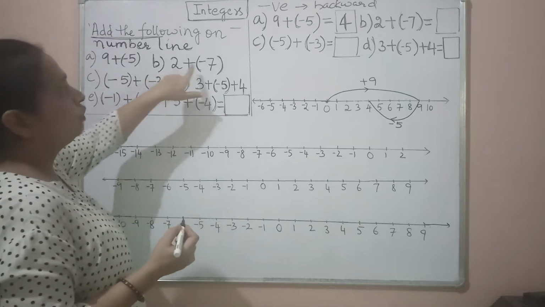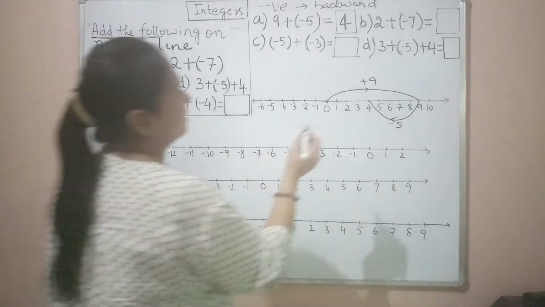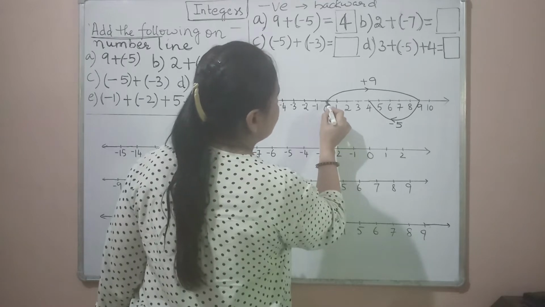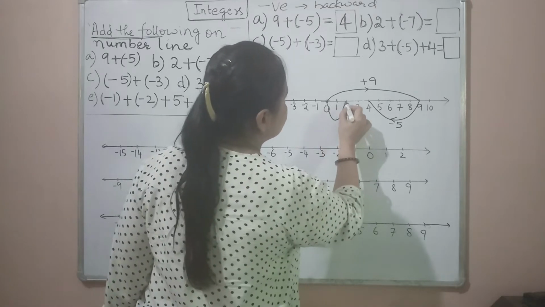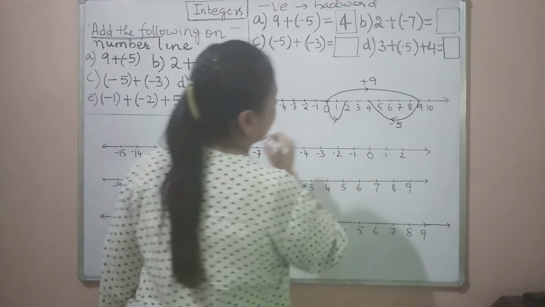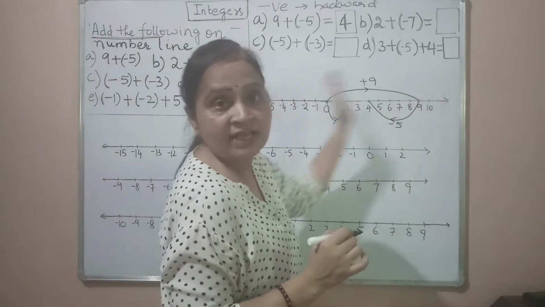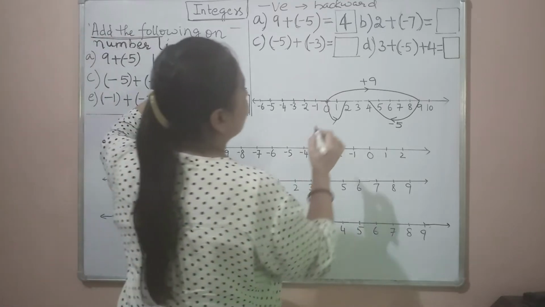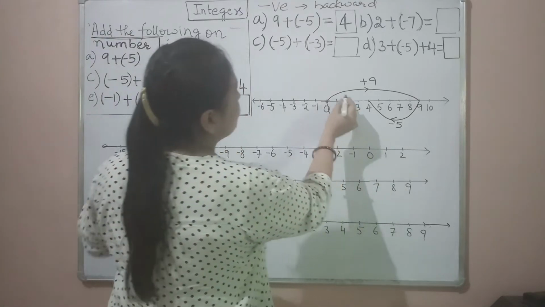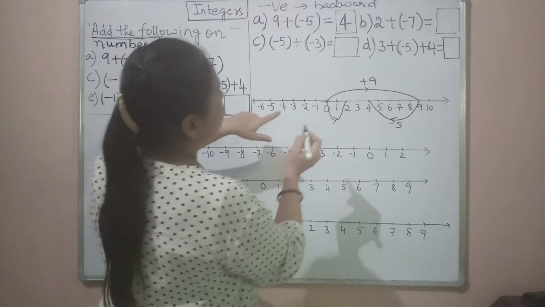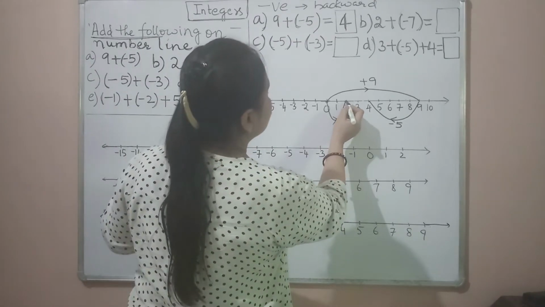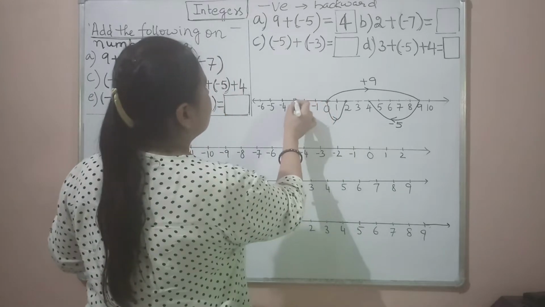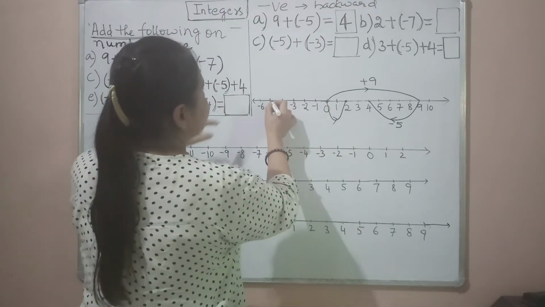Now the same number line can be used for our second question also. Second is 2 plus minus 7. Now 2 means we have to go forward in this direction, plus 2, and then we have minus 7. Minus 7 means we have to move 7 steps in the negative direction. So from here we have 1, 2, 3, 4, 5, 6, 7.